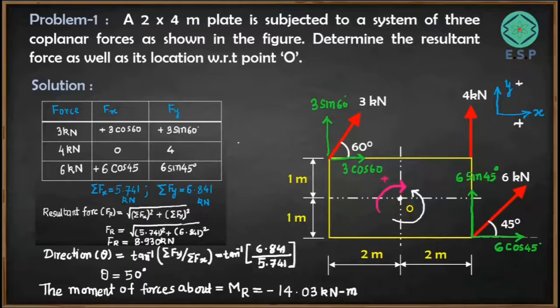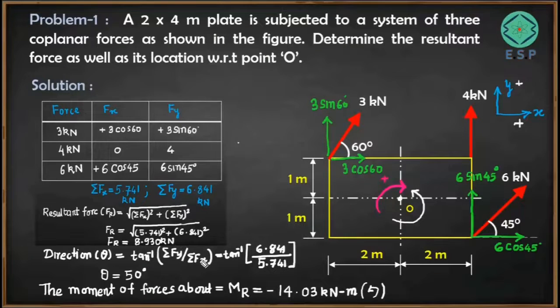So friends, this minus sign indicates that due to the application of these forces, your plate is going to rotate in the anti-clockwise sense. It is going to rotate like this. So the negative sign indicates the rotation of the plate is going to be in the anti-clockwise direction. That's fine. Now we know this is the resultant moment that we got, and we also got the resultant force.